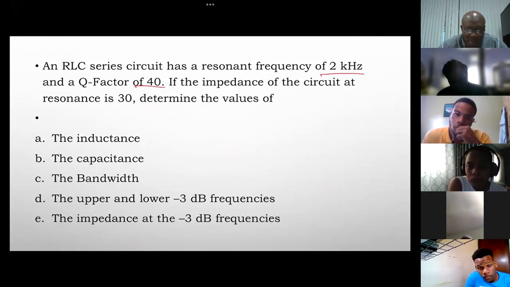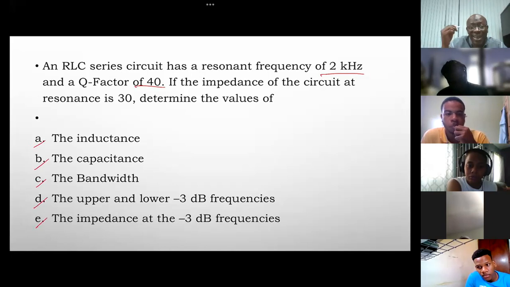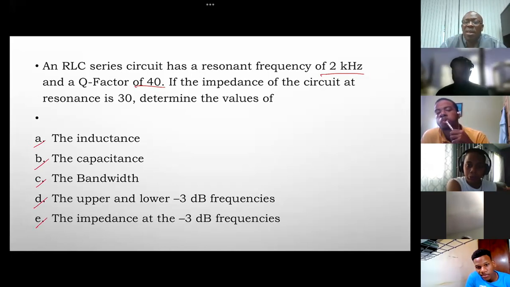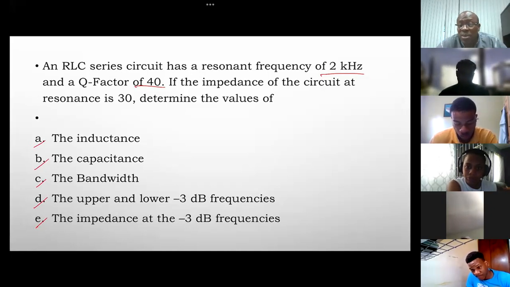And we want to determine the inductance, the capacitance, and the bandwidth. This question tests you on every single thing that we went through this morning. So as I started with the previous question, I do the same here. Let me see if any learning has taken place.